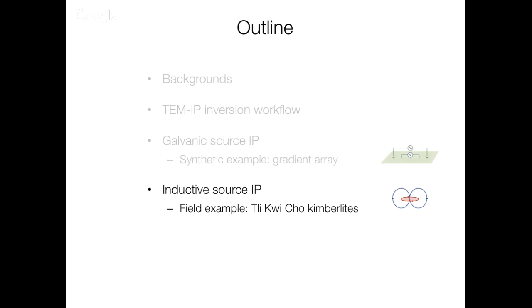Contrast that with an inductive source, in which at each point, imagine Andreas has got a particular chargeability and time constant, and in a DC case, there's a constant electric field coming through him, things gradually build up, and he's fully charged.